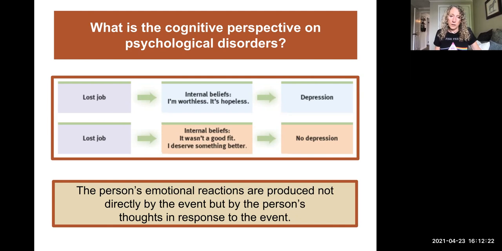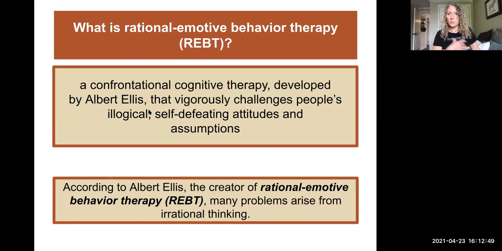But other people might have the exact same experience and think things like, it wasn't a good fit, I deserve something better, which would lead you to not necessarily develop depression. So your emotional reactions are produced not directly by the event, but by the person's thoughts in response to the event. So just think about what some of your negative thoughts are.